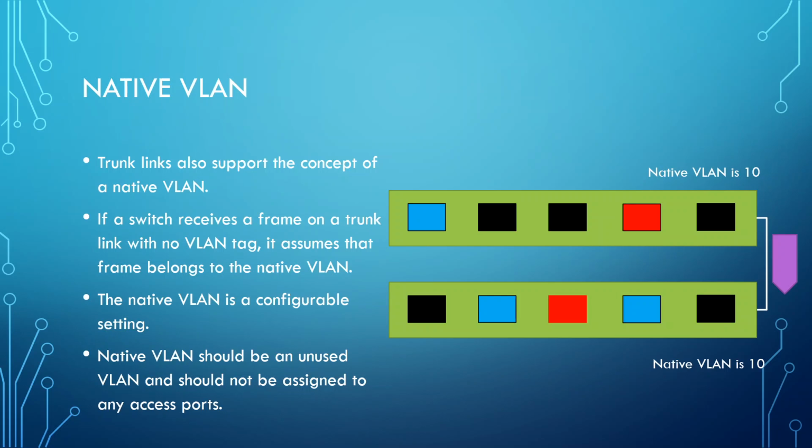The reason being is that if we set the native VLAN to be a VLAN which is used for access ports, so ports which are part of one VLAN and connect to a single device, it may result in something called double tagging, which is a vulnerability or an attack that a hacker can do, in which he moves from one VLAN to another VLAN without going through a layer 3 device.